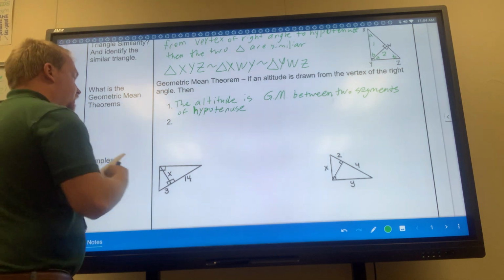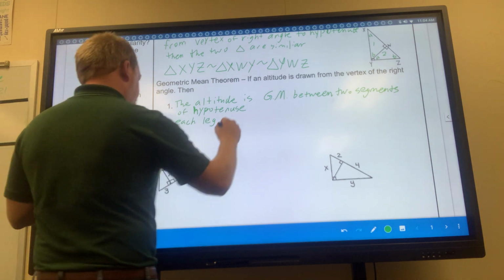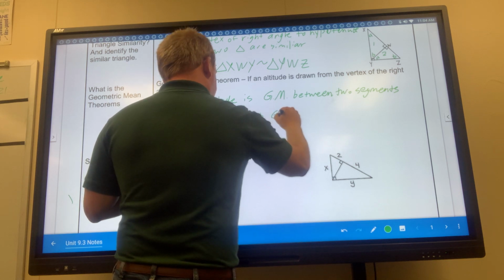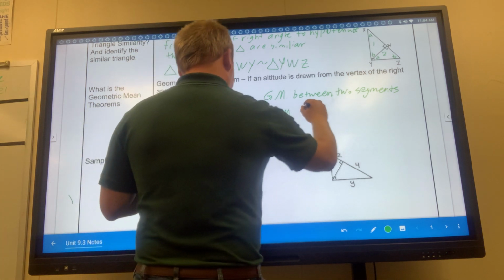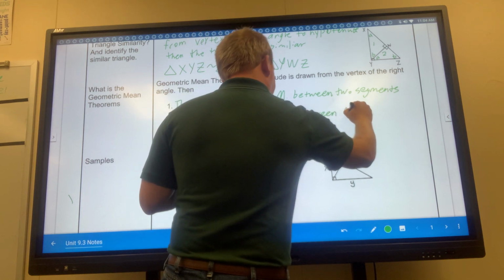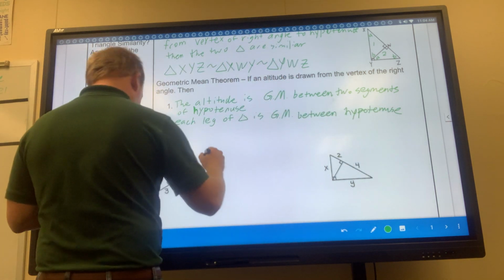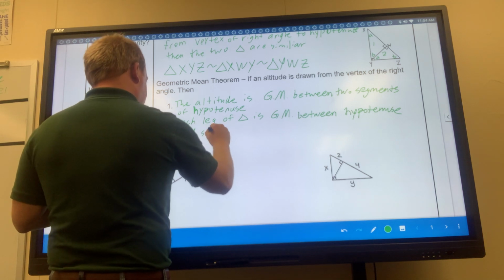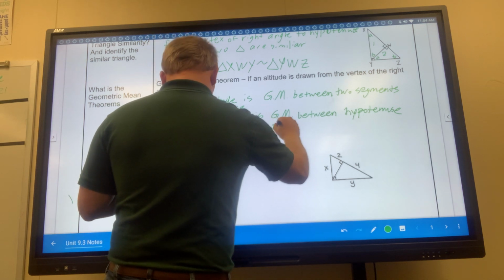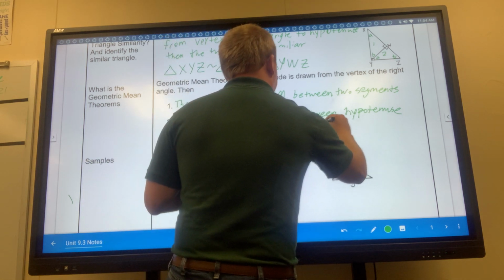Another possibility is that each leg of the triangle is a geometric mean between the length of the hypotenuse and the segment of the hypotenuse from the same side.